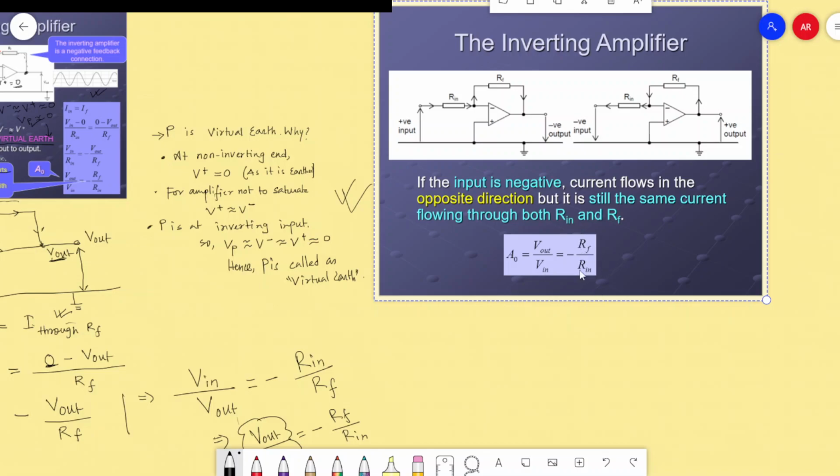So this negative sign indicates the output is just opposite to the input. And the same thing is here. So when it is positive, current is flowing from this direction. This is how it goes. When it is negative, current is flowing in the opposite direction.